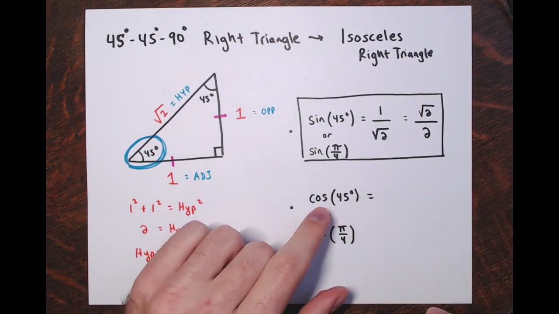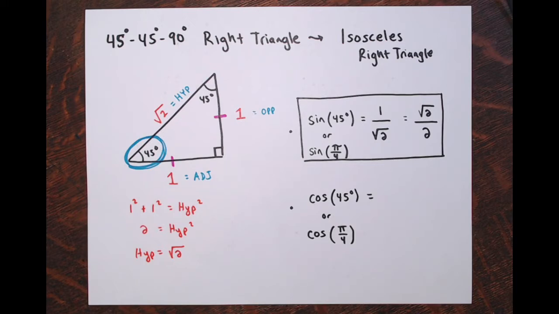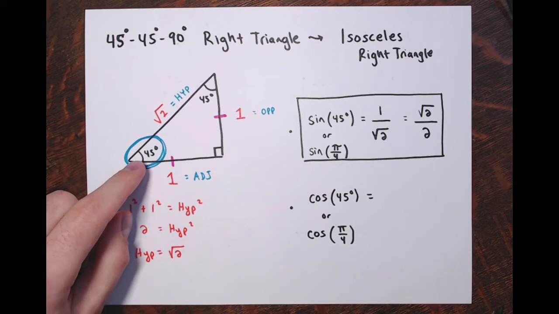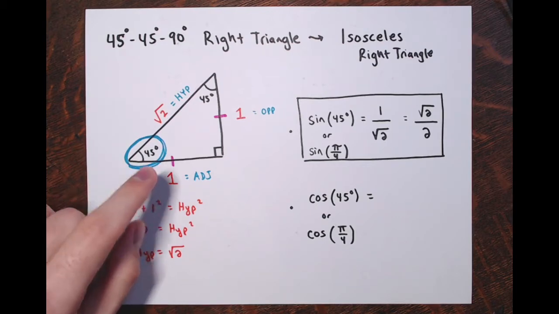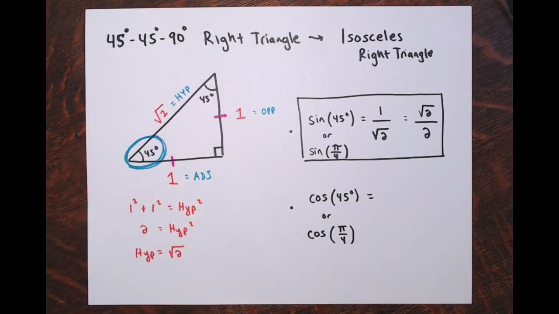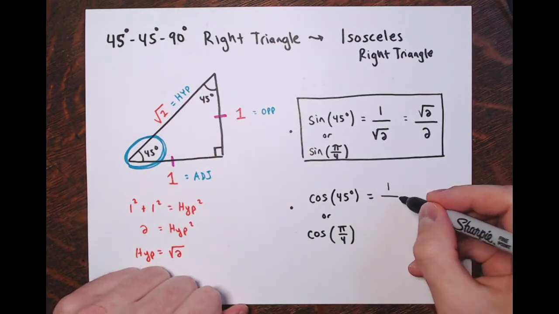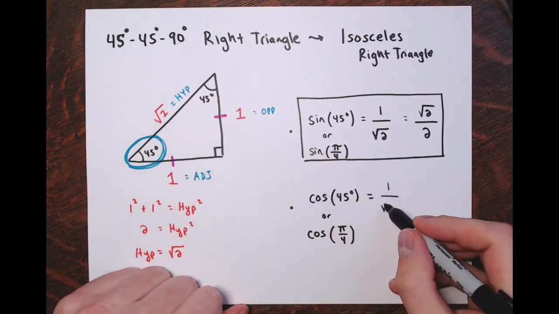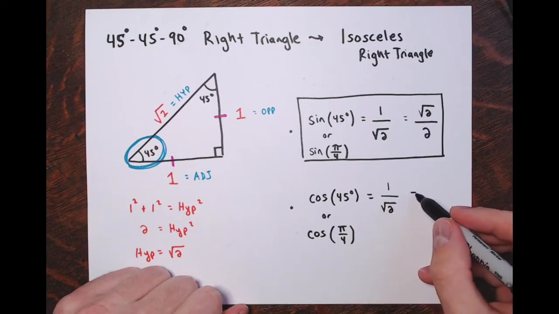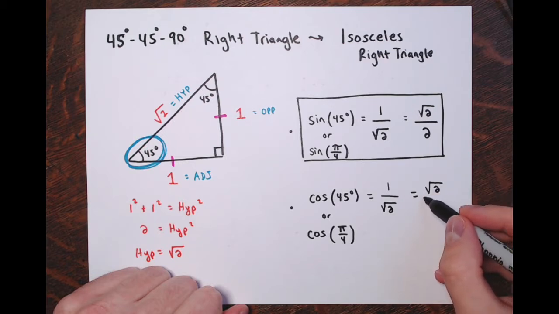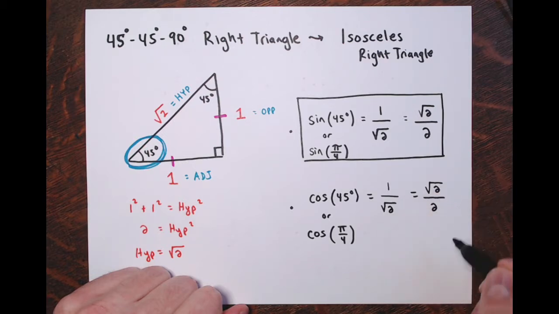Now remember this, the cosine of an angle, and again I'm focusing on this 45-degree angle here, it really doesn't matter, but just pick one, is the adjacent length divided by the hypotenuse, right? So again, that's adjacent length 1 divided by the hypotenuse, which is still the square root of 2. And it's the same thing, rationalize, multiply the numerator and denominator by the square root of 2, and you have the square root of 2 divided by 2.